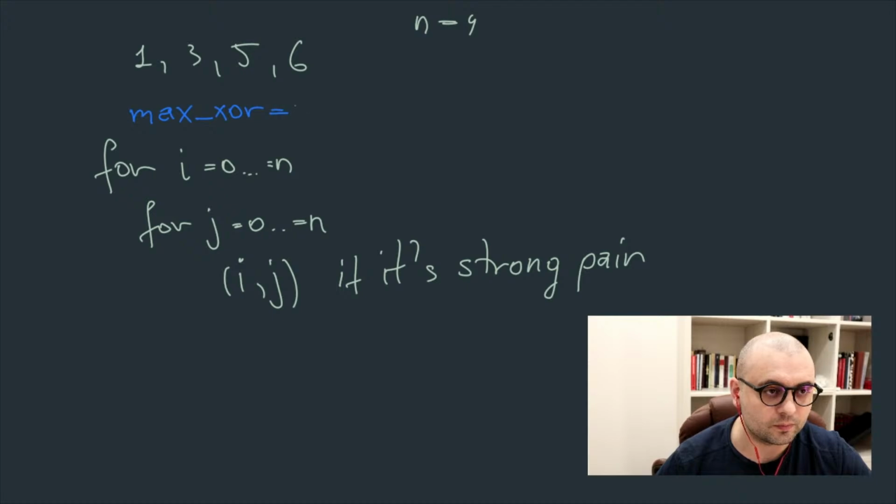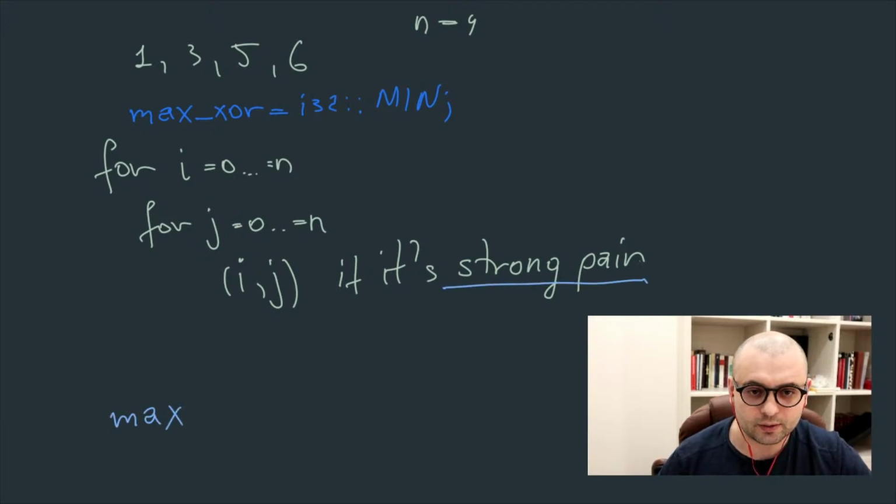So usually we start with an I32 min as a starting point. If it's a strong pair, we do max, and in the end we return max. So we need to write a function to identify if this is a strong pair.